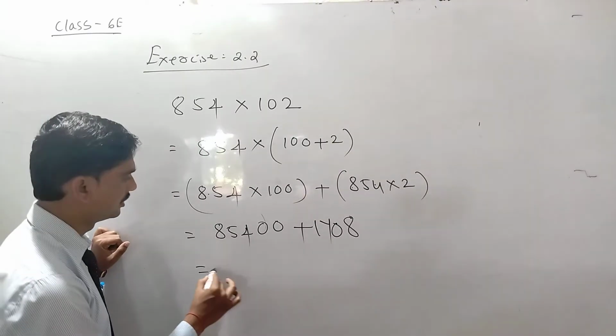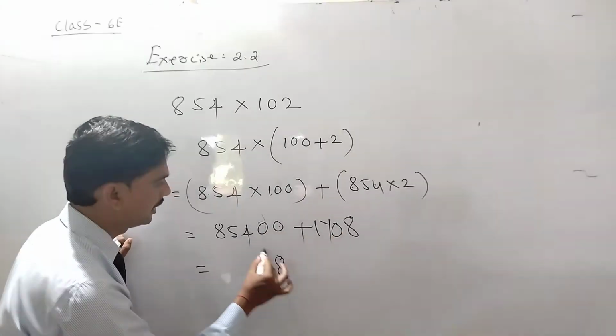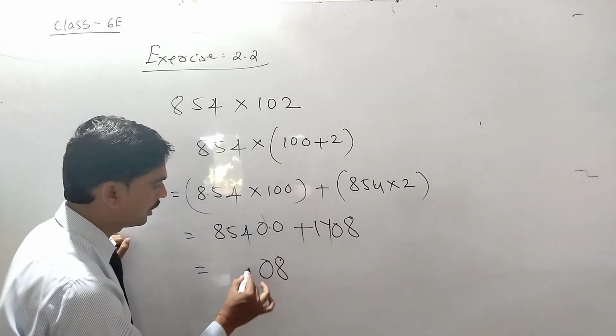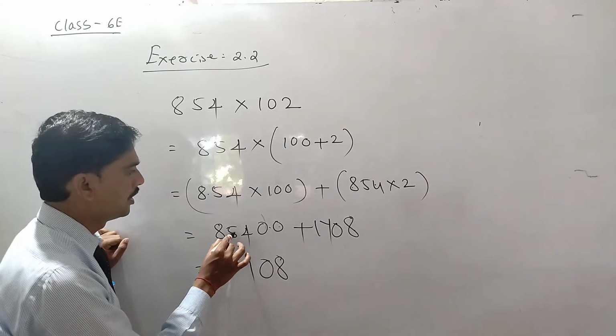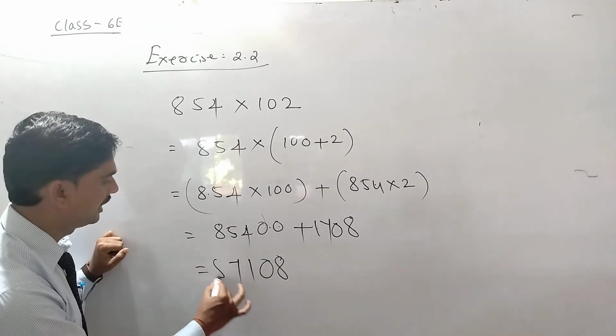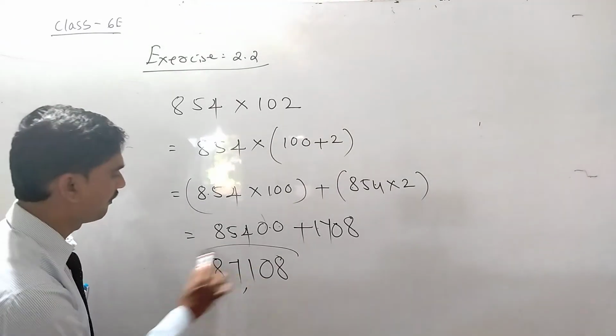Then you should add it. 0 plus 8, 0 plus 0, 7 plus 4, 11, 1 carry, 5 plus 1, 6 plus 1, 7 and 8 directly. 87,108. This is the final answer.